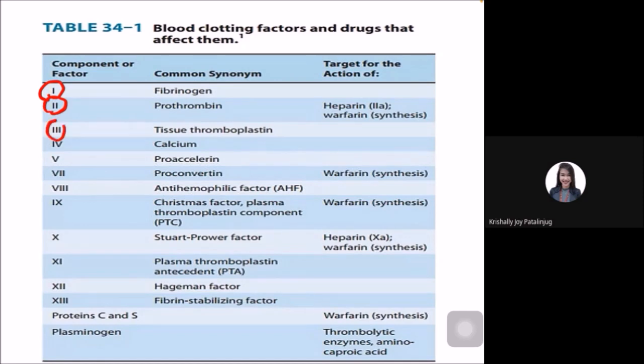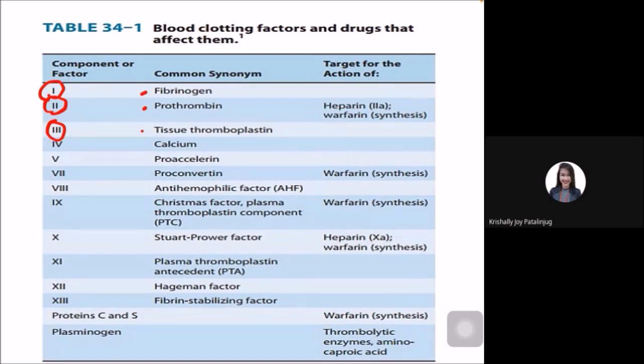You take note of this, yung first 3. Okay, take note their common synonym. Okay, so kumbaga ito yung mga related later on sa names of the drugs kasi actually sa ilaha na derive ang pangalan ng mga drugs. Okay, mga drugs classification.